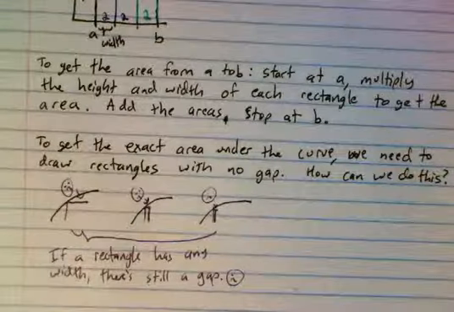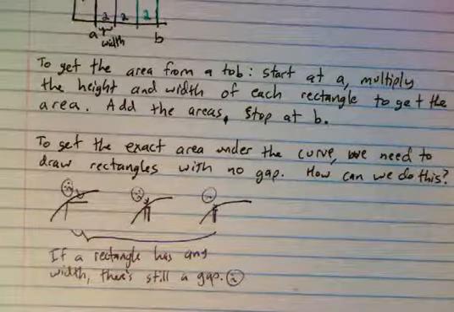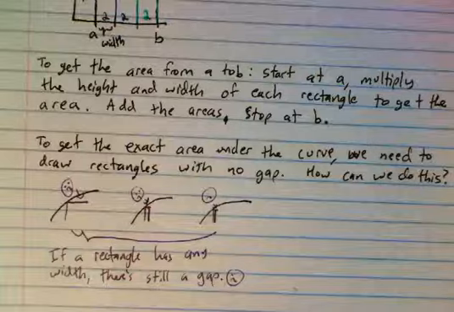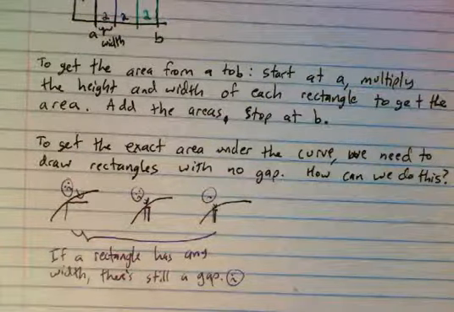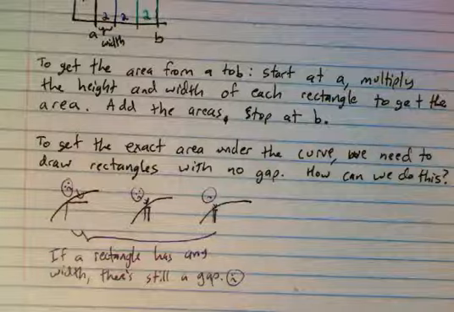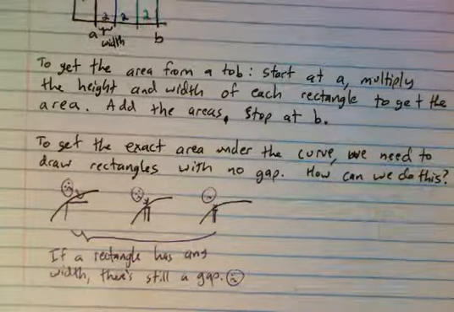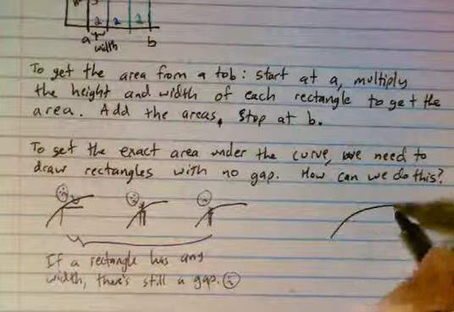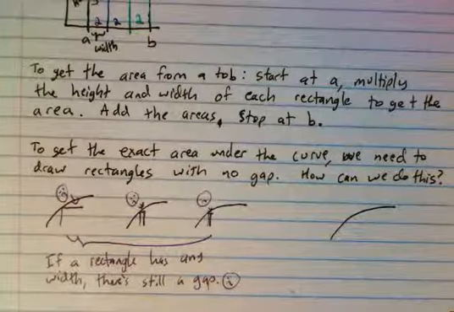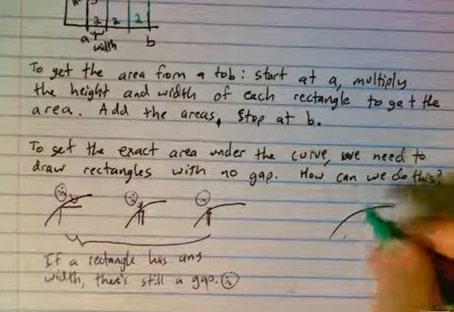So this caused big problems for mathematicians until they came up with the idea of, well, let's make a rectangle that's so infinitely thin that there really is no gap. It's an infinitely thin width. Like so.